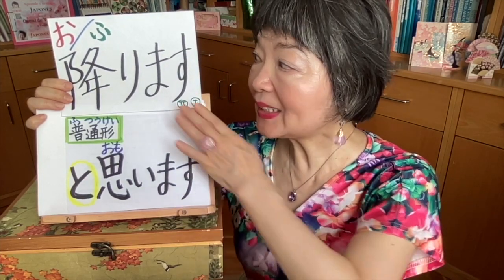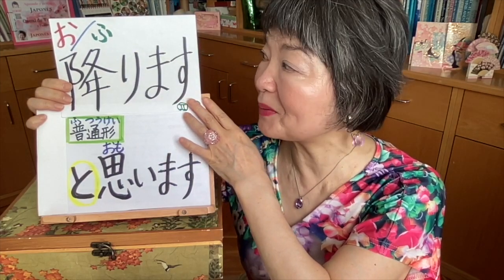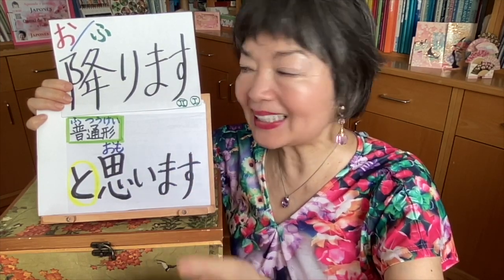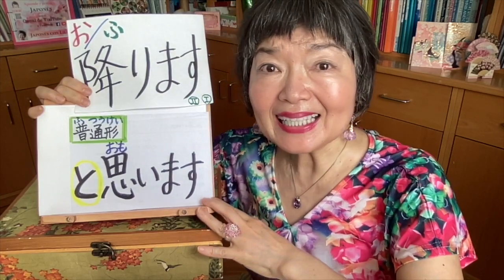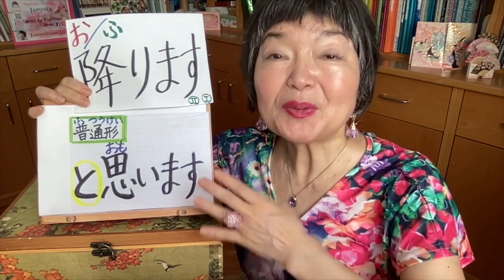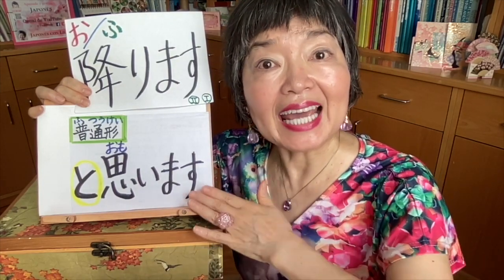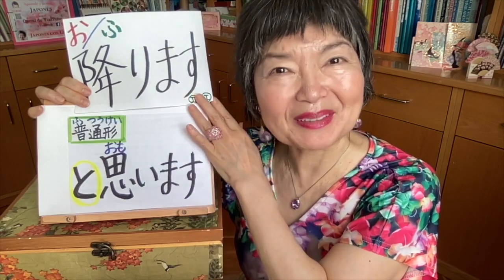But we usually don't say like this. We say 降ります is gonna be the negative, and the negative means 降らない. 降らないと思います. Even if you translate, I don't think it's gonna rain, literally it's like, I think it's not gonna rain. Anyway, the meaning is almost the same. But you must know that when you say, I don't think, maybe we say, I think, and here the negative.